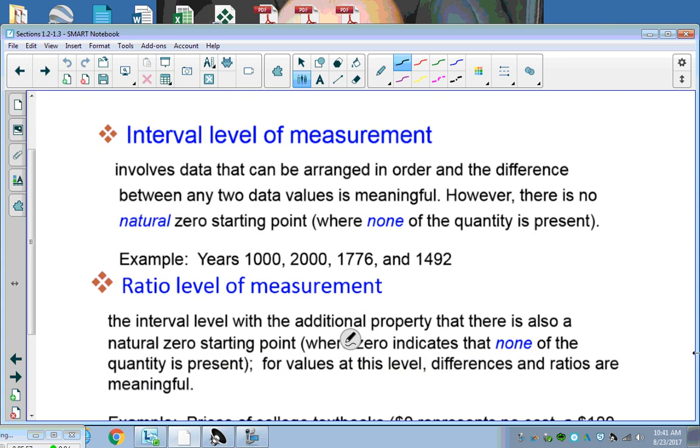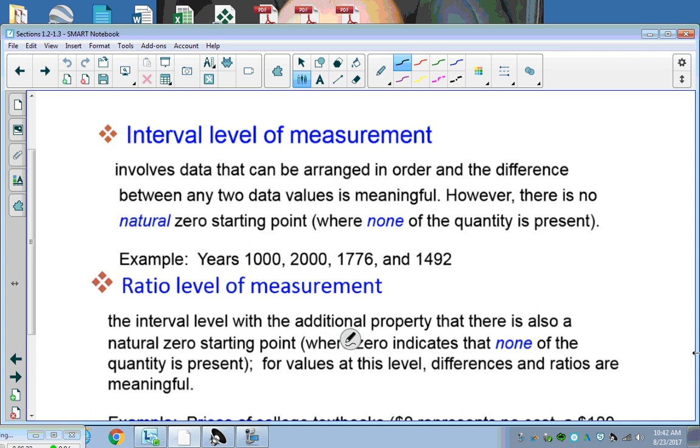Interval measurement is when we're dealing with numbers here, and 0 doesn't really mean anything. For instance, here, the years, if I just said 2017 or 2001 or 1996, there's no real 0 for a year. There's no real meaningful 0 for the year.